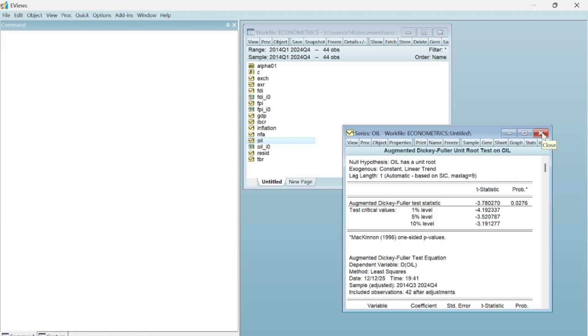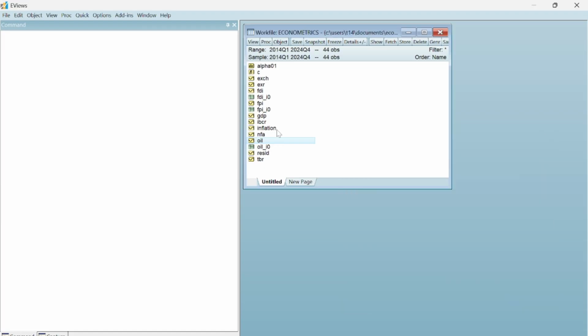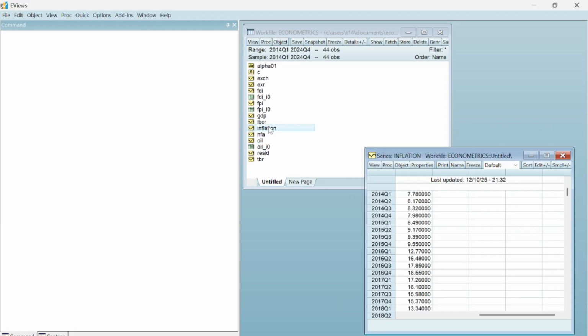at level. I know most times in Nigerian data, inflation always gives us different results, even when it is actually a change of the CPI.